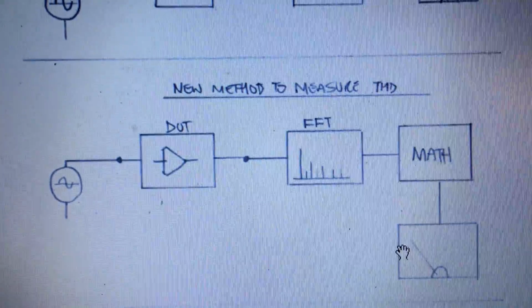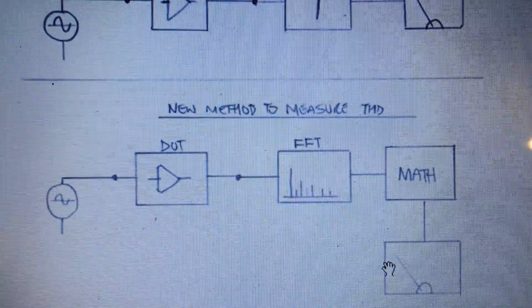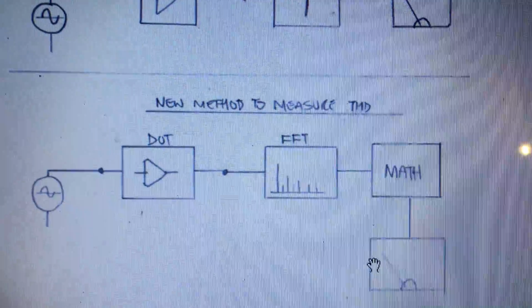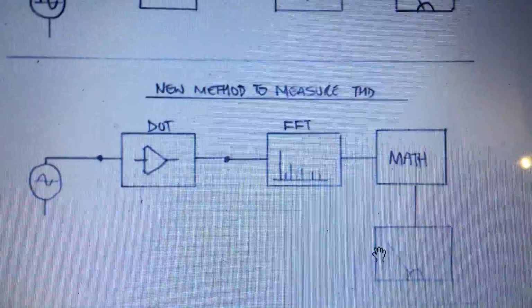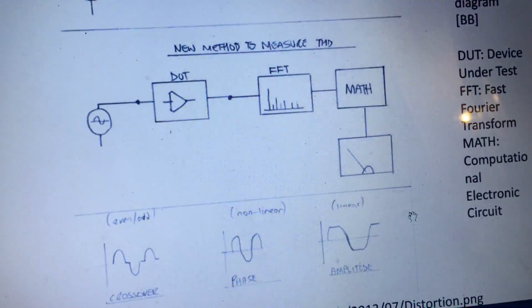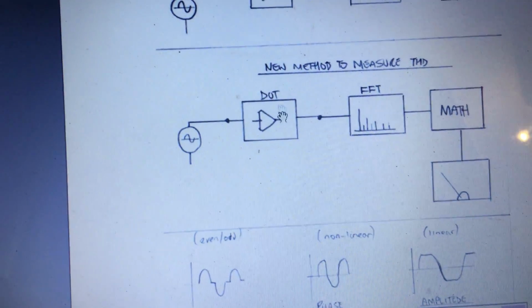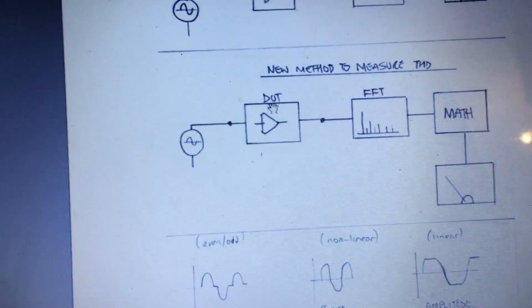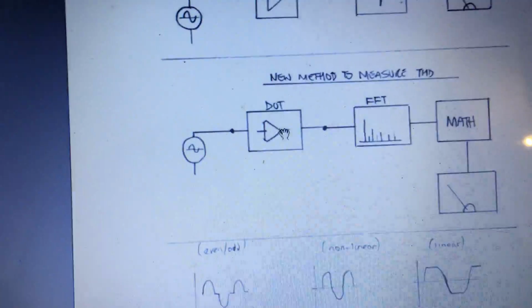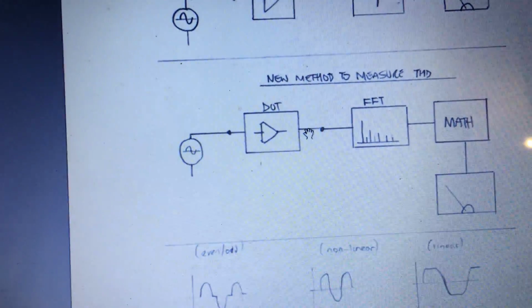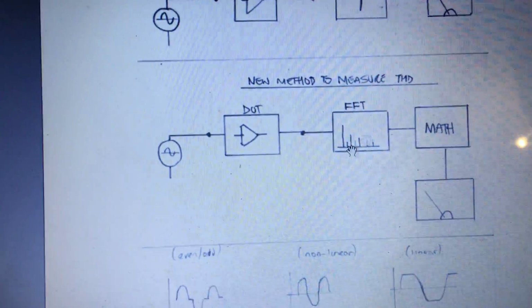One is the FFT block, the fast Fourier transform block, and another is the math computational block, and the last one is the measuring instrument. So you will find that the device under test is connected over here. It could be, for example, an audio amplifier, and its output is connected to the fast Fourier transform.